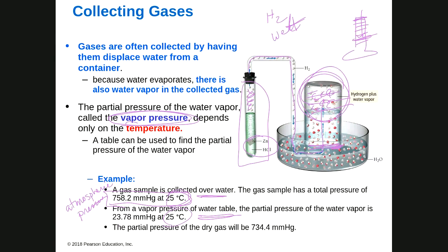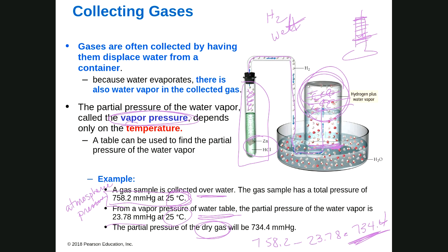For example, at 25 degrees, it's 23.78 millimeters of mercury. You're going to leave it in millimeters of mercury while you're doing this, because the tables in America are all millimeters of mercury. So to get the partial pressure of the dry gas, you subtract the vapor pressure of water at that temperature from the atmospheric pressure, and that's your new pressure. This is the pressure that you would use to work the problem.